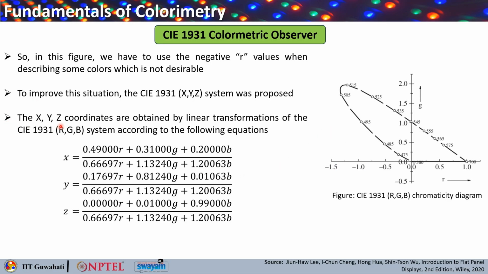These XYZ coordinates are obtained through linear transformation of the CIE 1931 RGB system, and these are the equations that correlate these two sets of parameters. So, the small x, y, z correspond to the small RGB values using these equations. I will not read it out, you can use these equations.